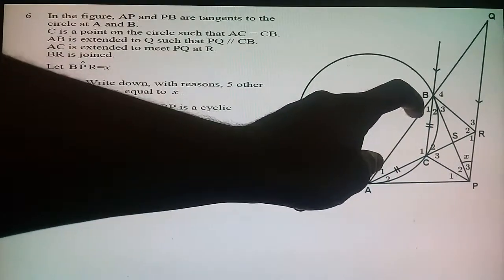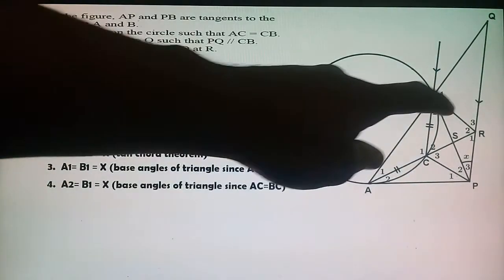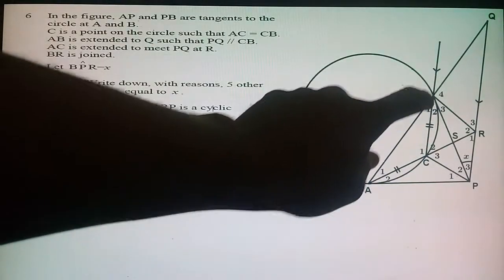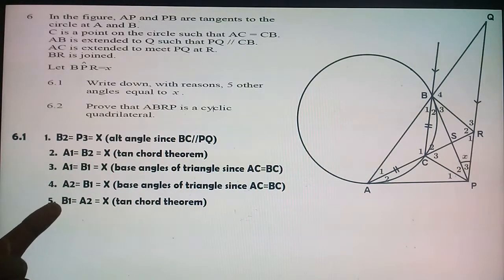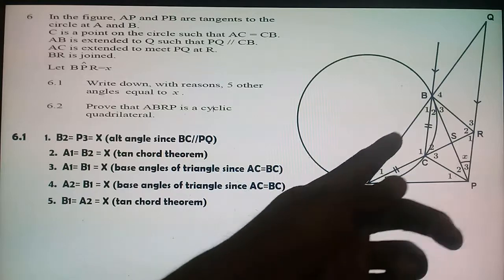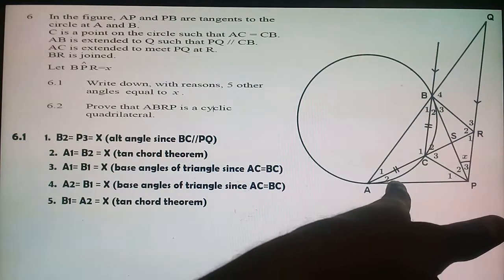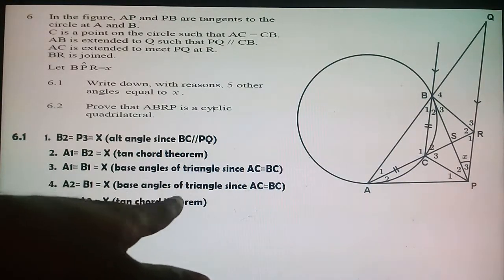It means we have corresponding angles that form an F shape. This is our F shape, corresponding angles. That means A1 equals Q there. But even now, another one, B1 equals A2.